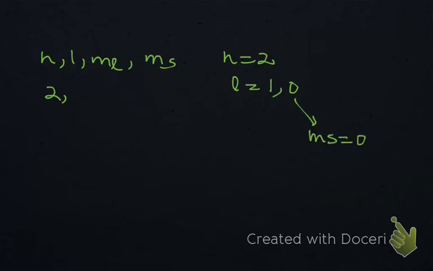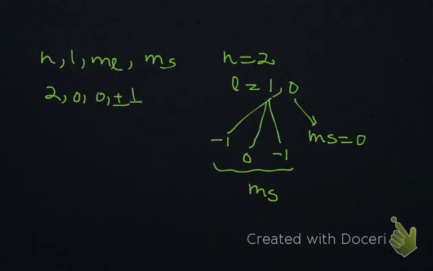But for l equal to 1, ml should have 3 values, 0, minus 1 and 1. These are the values of ml. So for 0, 0 plus minus half.